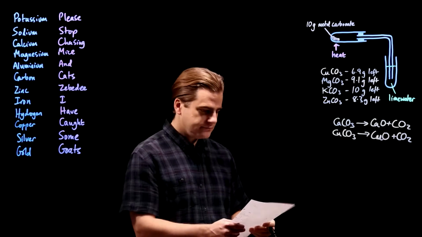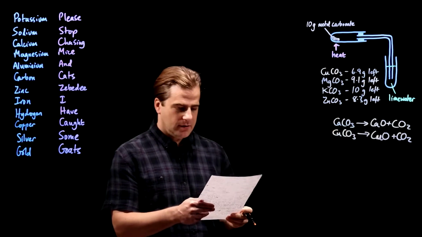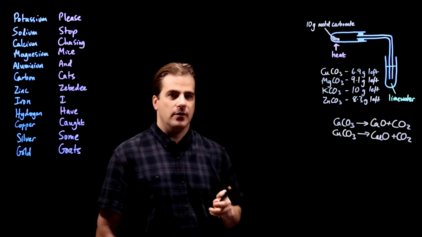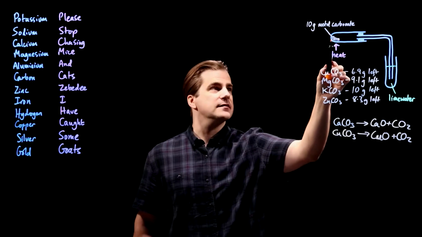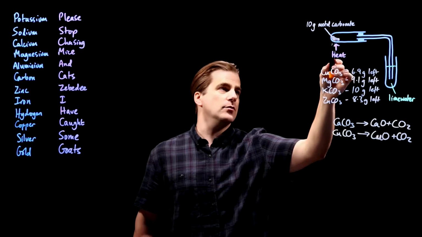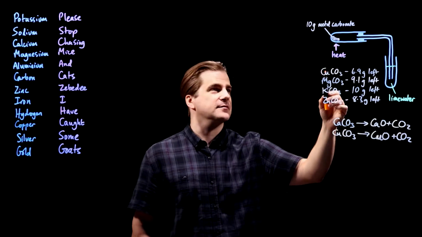Okay. Right, next question. We have to explain the results for potassium carbonate. So what we're doing is heating the metal carbonate for 5 minutes and then weighing it again and seeing its weight after being heated for 5 minutes.